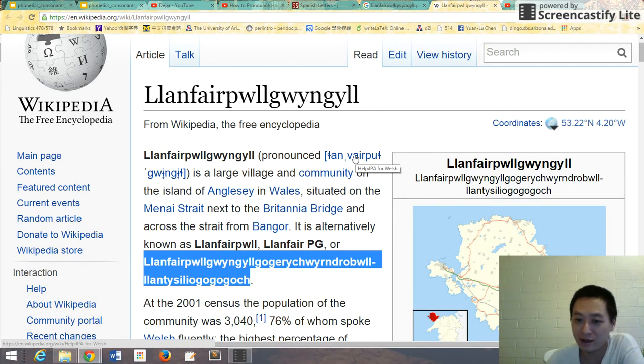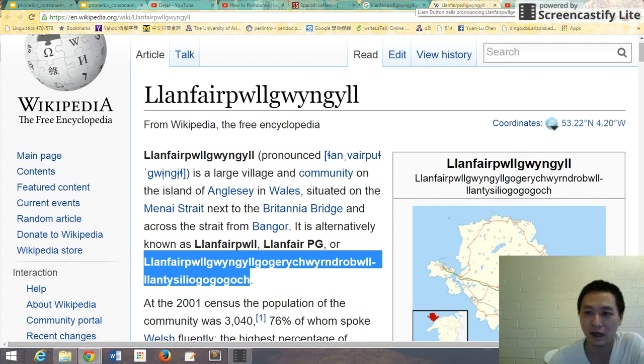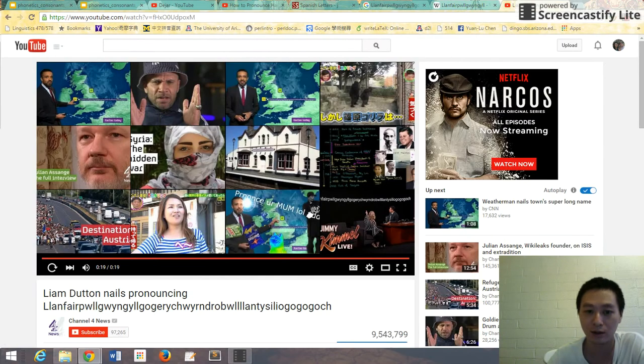The purpose of this is to have a system that can transcribe all the sounds used in human languages. So this is a Welsh word. Of course, we can use IPA to transcribe the sound of pronouncing this word because it's a human language. Okay, so actually IPA is very useful. It's international.